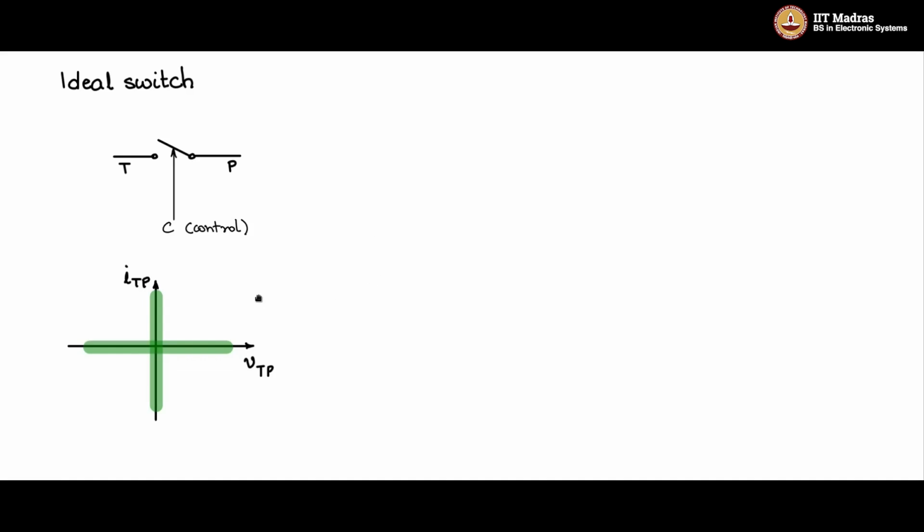Let us now list down the characteristics of the ideal switch. In the on state, as we saw from the static characteristic, it should allow current to flow from T to P and also from P to T. That is, support both positive and negative switch currents.